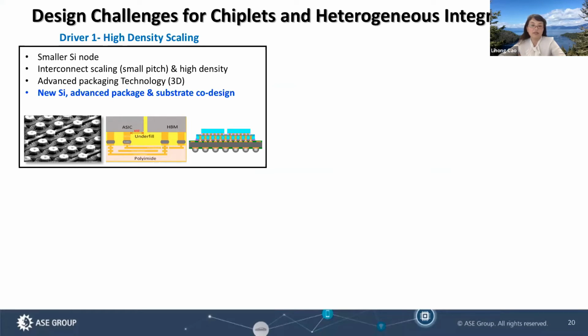Driver 1 is the high-density scaling demand, such as smaller silicon nodes from 7 nanometer down to 5 nanometer, even 3 nanometer, and a smaller pitch for high-density connections. There is a need for a co-design tool to bridge silicon, packaging, and the board seamlessly.